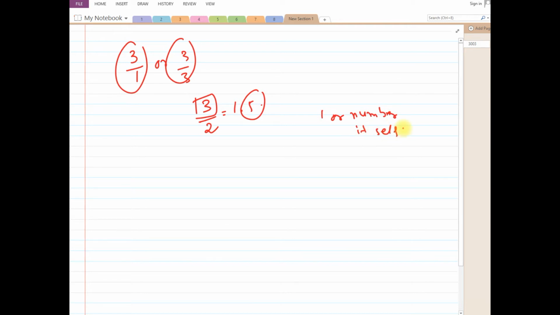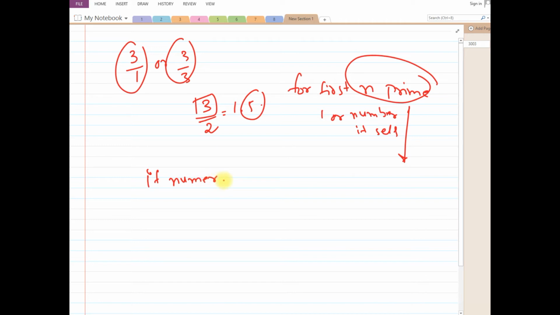So here, to find the first n prime numbers is a difficult task. First of all, you have to learn how to find if a number is prime or not.